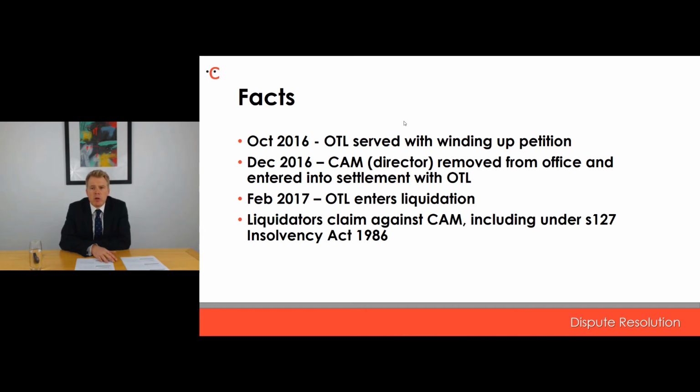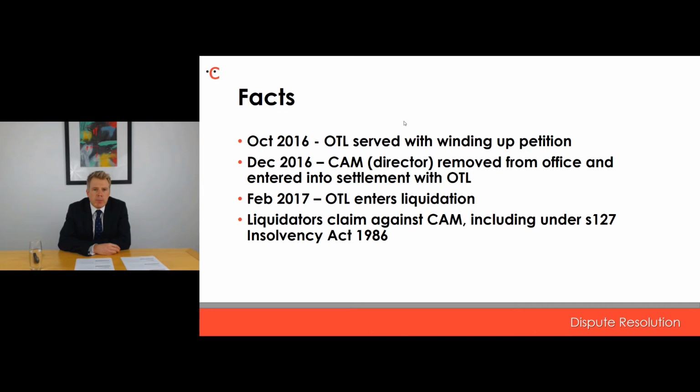It ran into cash flow difficulties, and in October 2016 was served with a winding up petition. In December 2016, the director of the company, the defendant, was subject to various disputed allegations, and as a result he was removed from his office as a director and employee, and he entered into a settlement agreement with OTL.